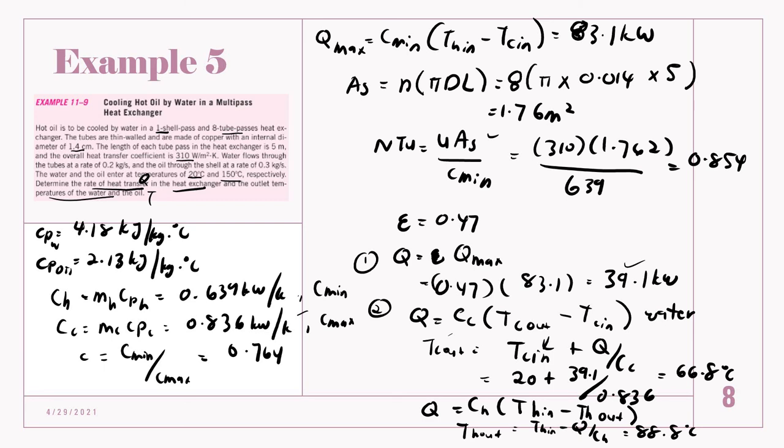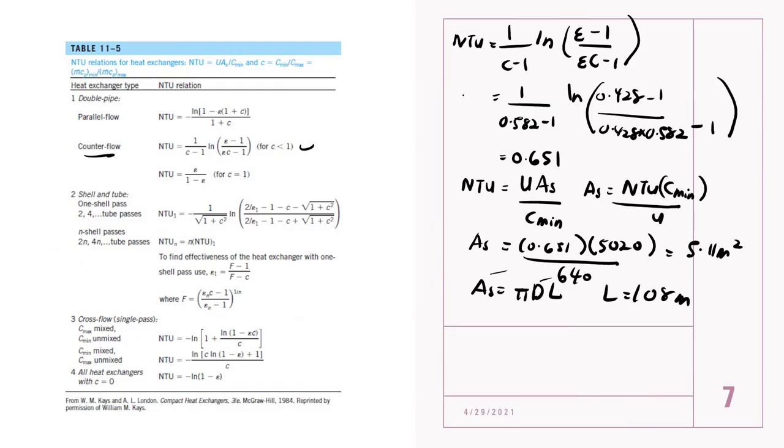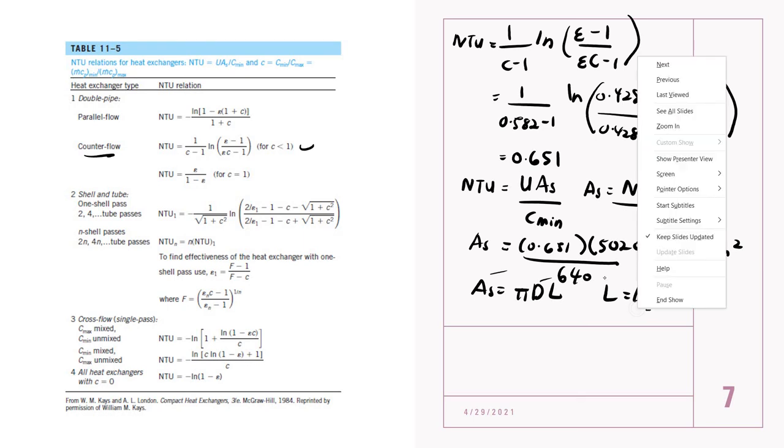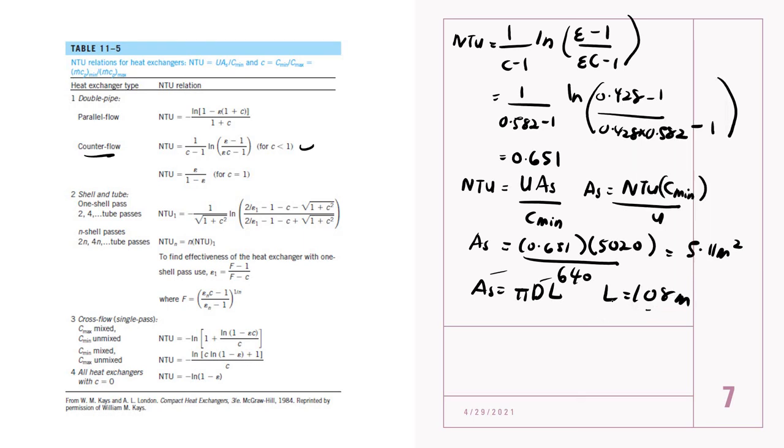Okay, before I end this video, I want to go back to example 4 just now. I mentioned to you just now, there's not much difference in the length of the heat exchanger using NTU and LMTD. Basically, if you try to calculate, you will get this value 108.4 meter.